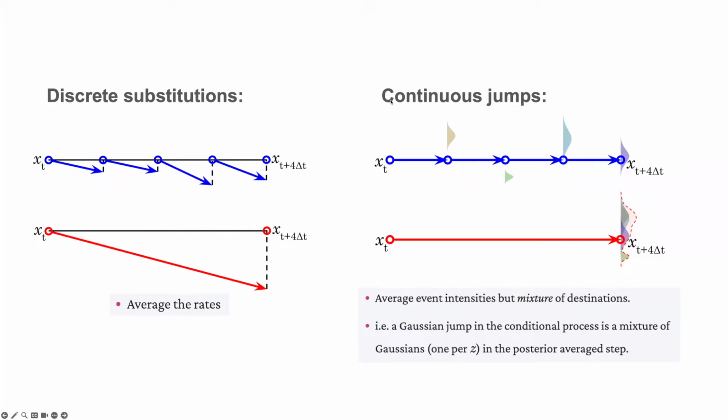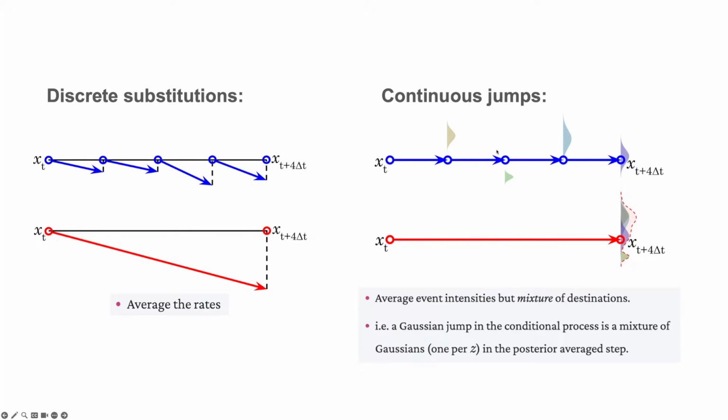And then the interesting case that will dive us into our first example is if you have continuous jumps where your state is unchanged, except when you have a jump event, you change to some distribution that depends on your Z, right? The cumulative effect of those is not, let's say the jumps were individually Gaussian, the cumulative effect of those is not another Gaussian, it's actually a mixture of Gaussians.